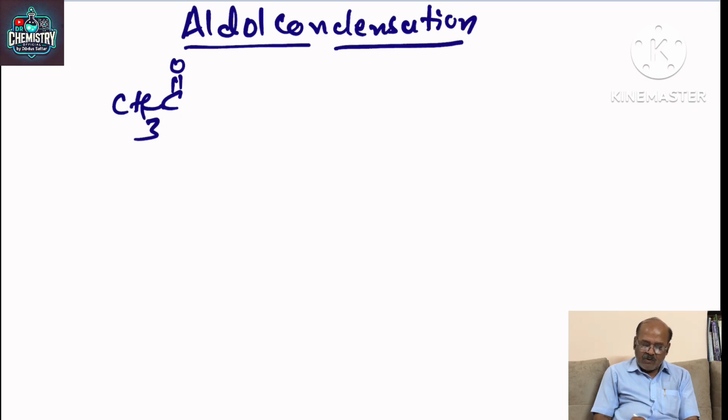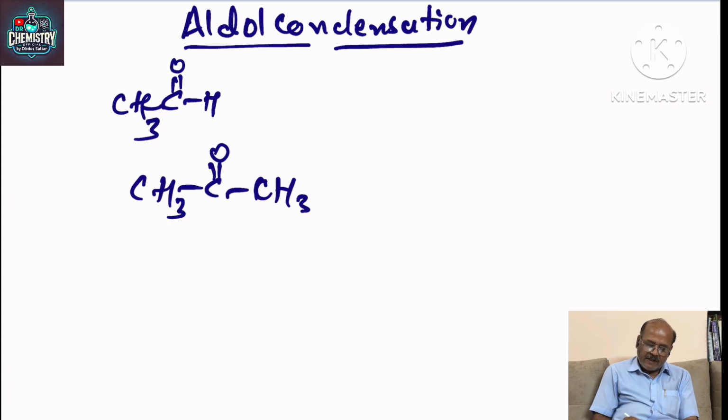It may be an aldehyde, for example acetaldehyde, or acetone, which is again a carbonyl compound with alpha hydrogen. These carbonyl compounds undergo aldol condensation.